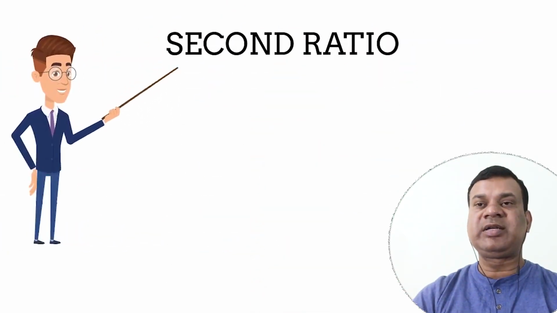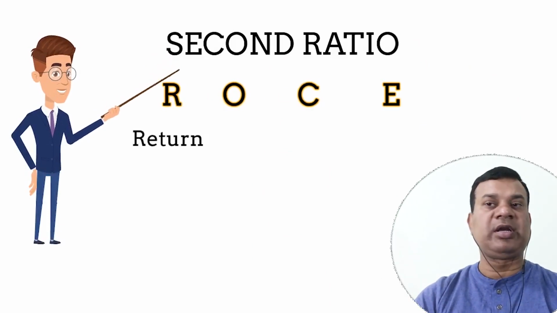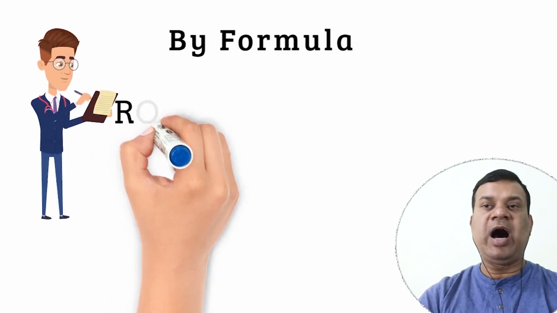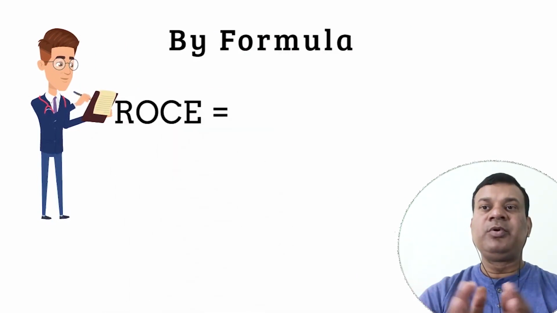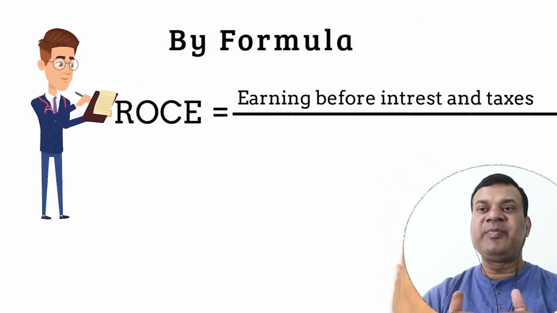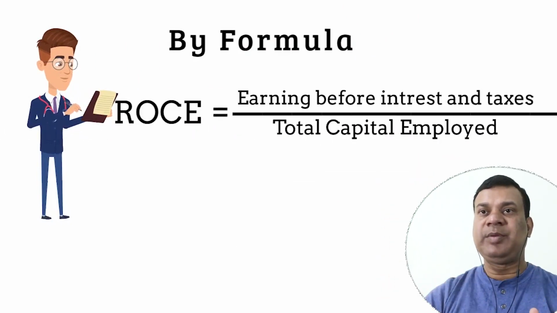Now let's move on to the second ratio, that is ROCE, return on capital employed. As per the formula, ROCE is equal to earnings before interest and taxes divided by the total capital employed.